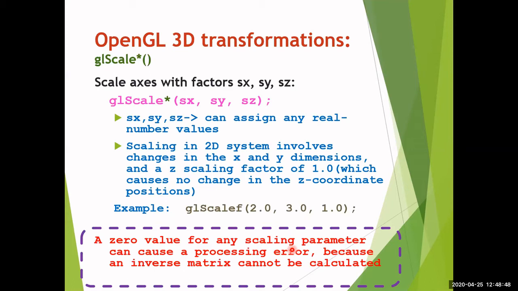In composite transformations we will have the inverse also. What is the scale inverse? The inverse of scale, as you already know, is 1 by Sx, 1 by Sy and 1 by Sz. So when the denominator is 0, we will encounter a divide by 0 system error. So in order to avoid that, we don't use zeros.